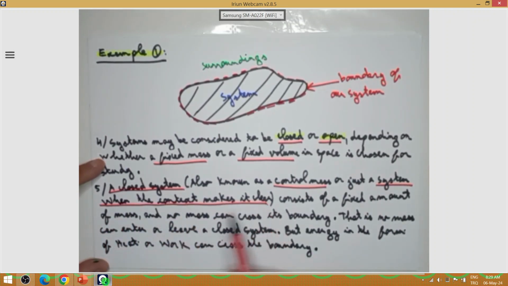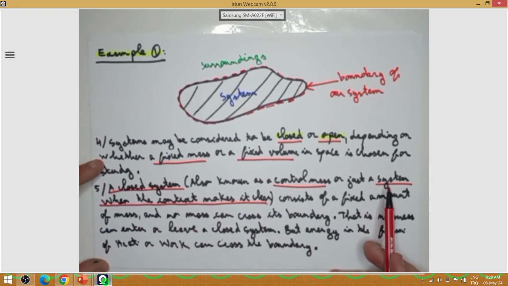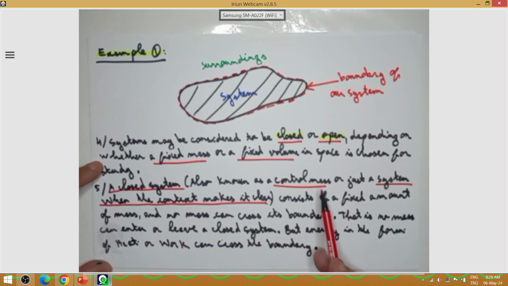Normally we call it closed system or control mass, and sometimes we can call it system when the context makes it clear. Those are three names for the same thing.